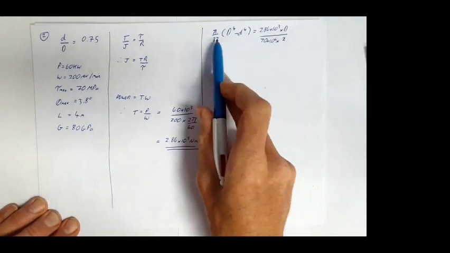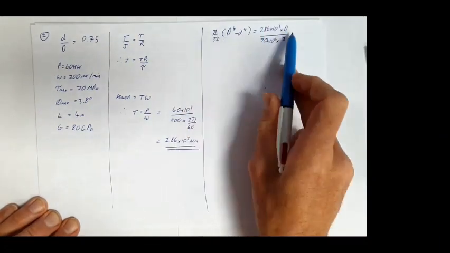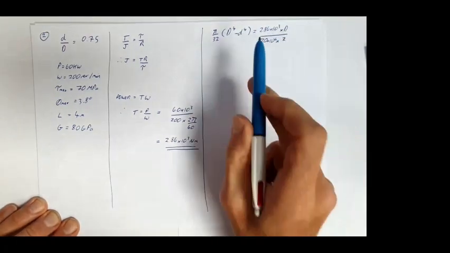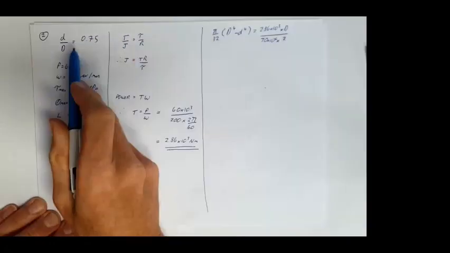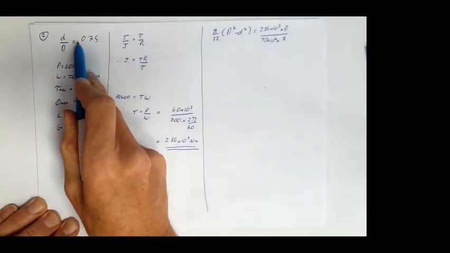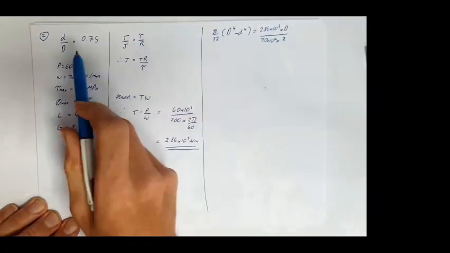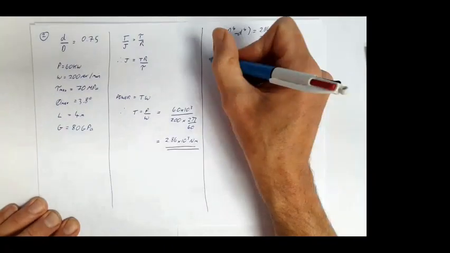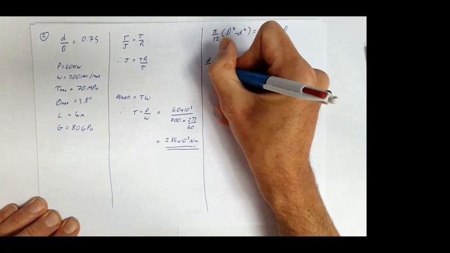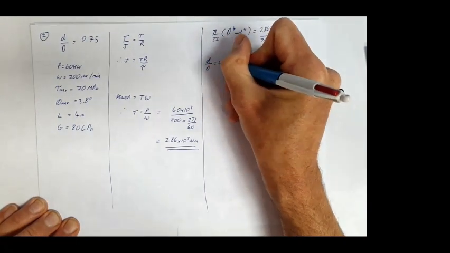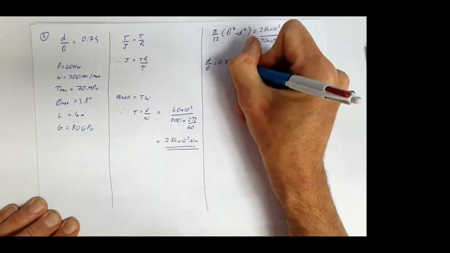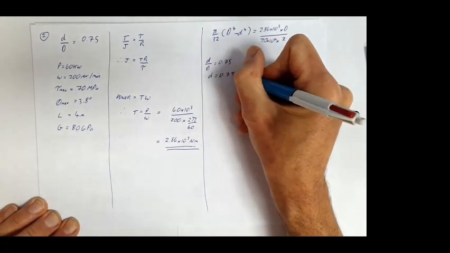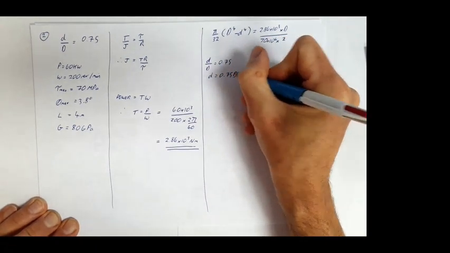So we've now got an equation with 2 unknowns in it, large D and small d. However, we do know how they're related. We know that d over D is 0.75. So therefore, d equals 0.75 times the diameter.